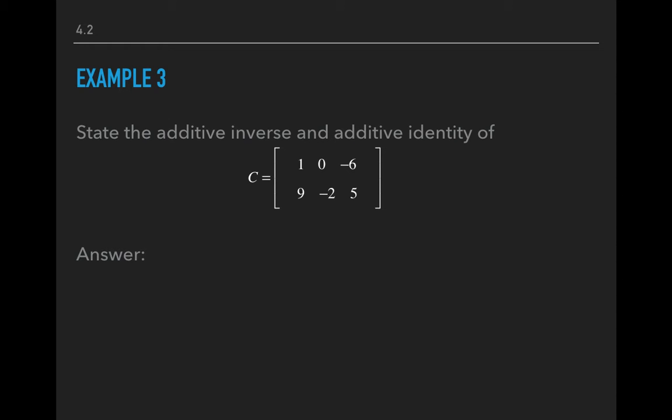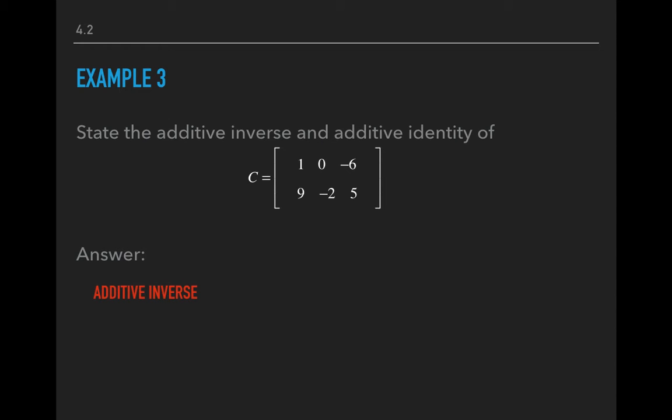Here we have a matrix named C, and we're going to state the additive inverse and the additive identity for it. Let's begin with the additive inverse.